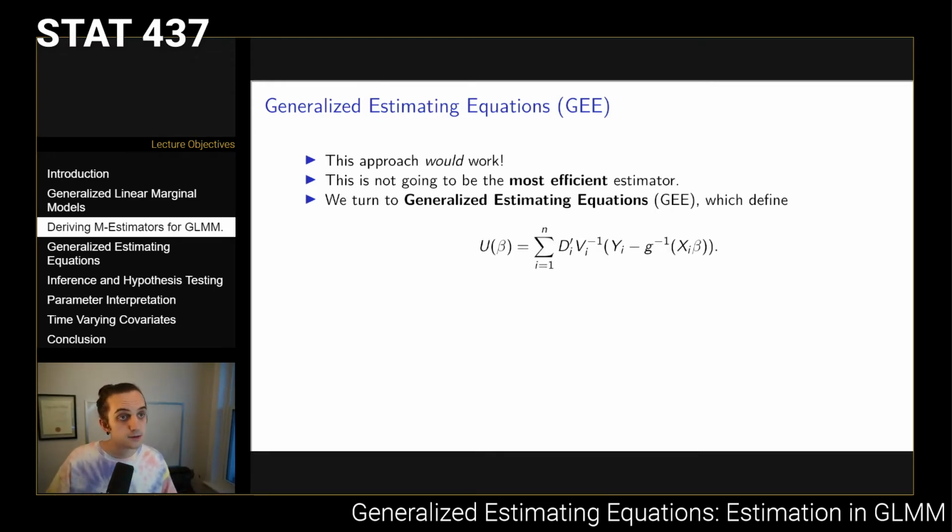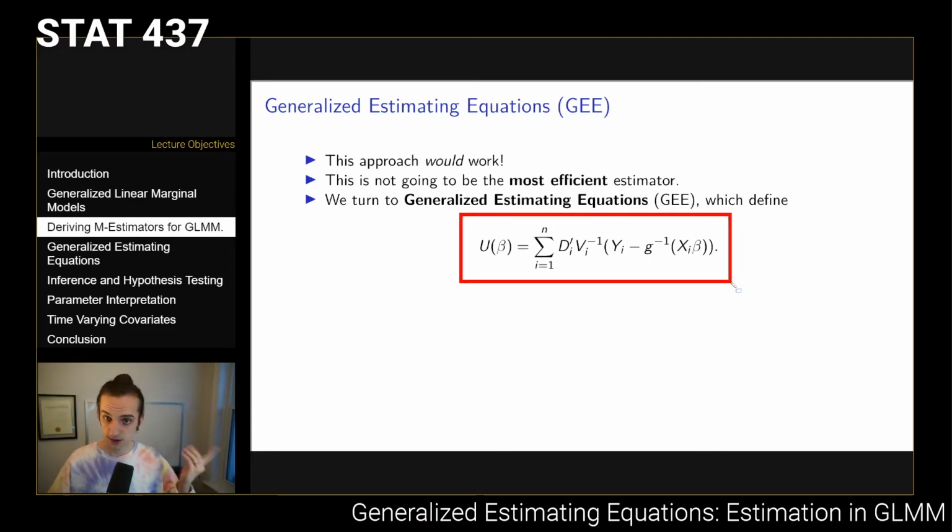So instead, we propose this generalized estimating equations, or GEE approach. And this is a widely used approach. You can use this approach in GLMs directly. It's well studied, but for our sake, the GEE approach sets up this estimating equation here, which takes a matrix Di transpose times the inverse of our working covariance matrix, and then multiplied by yi minus g inverse xi beta, right?